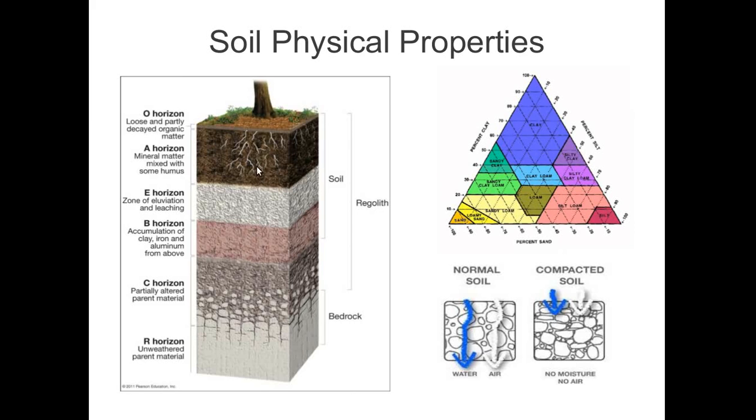This A horizon is a mixture of this parent material, rock, and the nice leaves and twigs and sticks, the organic matter that forms the humus. Remember, humus is one of our words. And so that organic matter mixes with the parent material, making this nice, rich topsoil. This is actually not quite to scale, not at all, because topsoil is actually extremely thin compared to all the other layers of the soil usually.